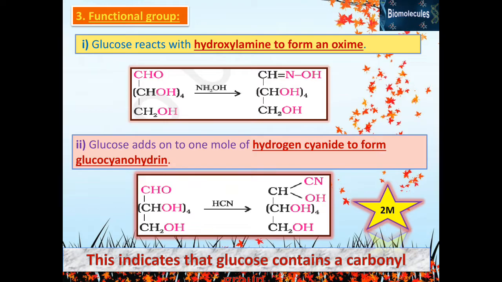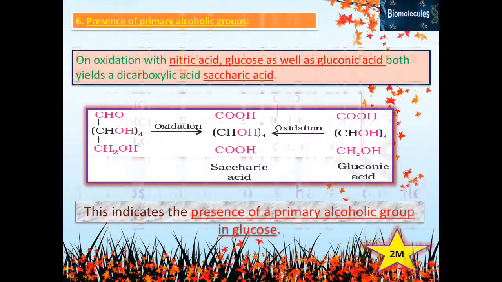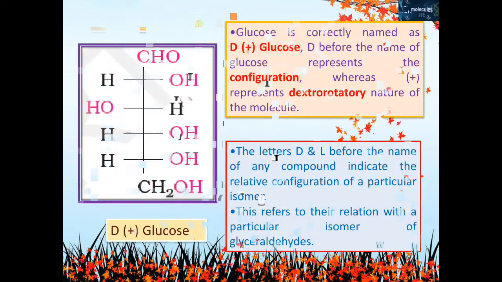Based on some evidences, we proposed an open chain structure for the glucose molecule, and the structure is like this, isn't it? We have named this open chain structure D plus glucose, where capital D indicates the configuration of the glucose molecule and plus indicates its dextrorotatory nature.